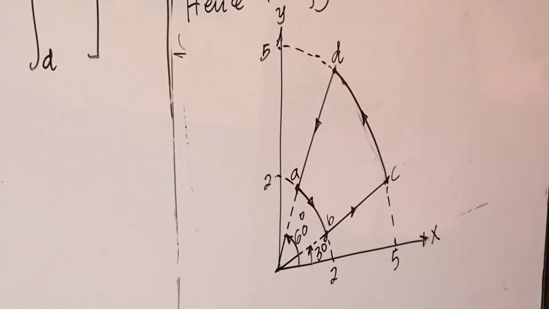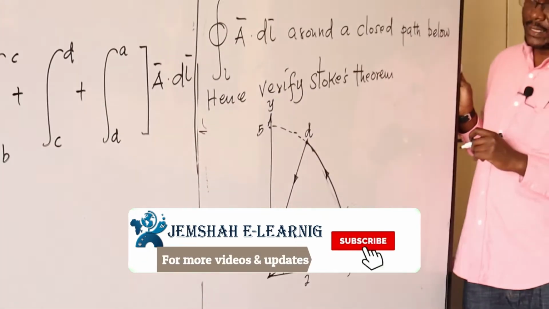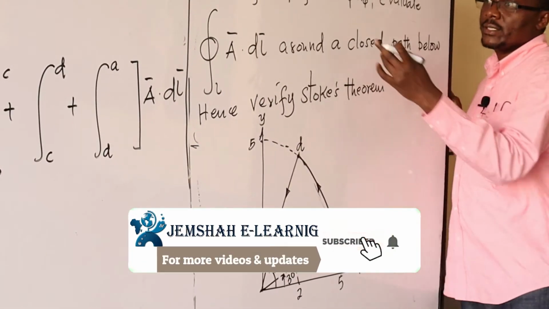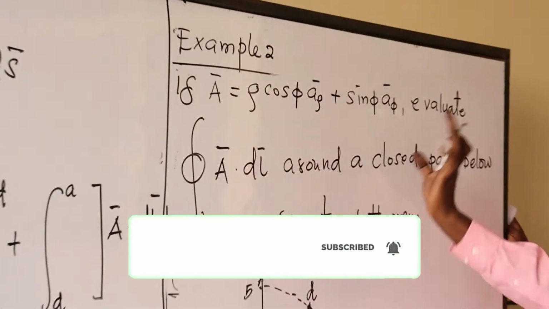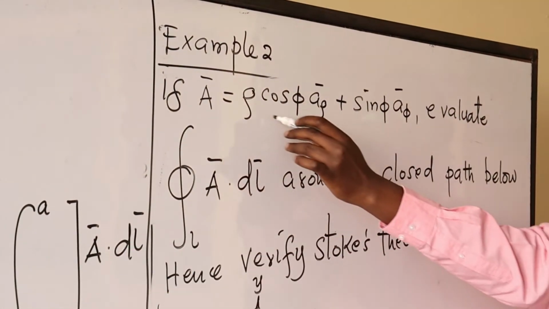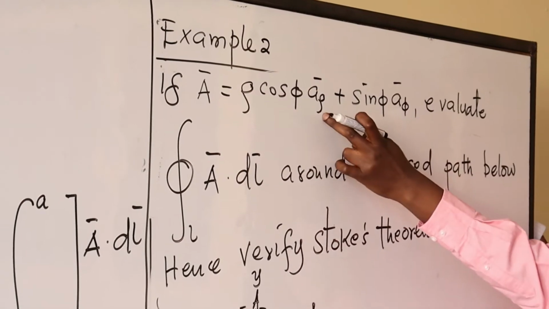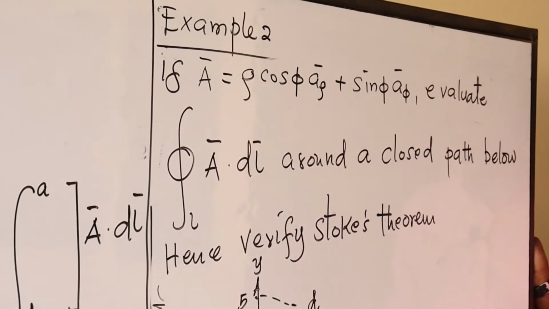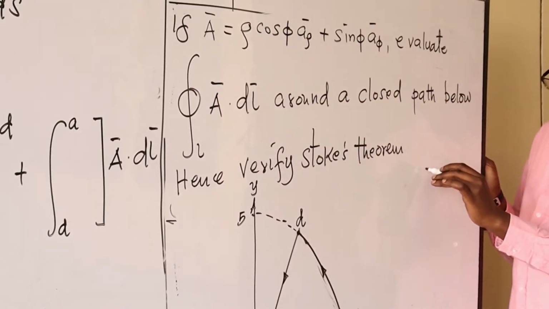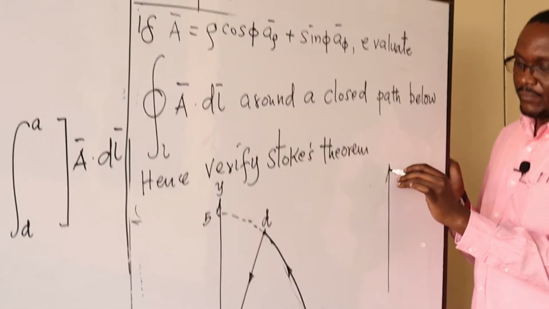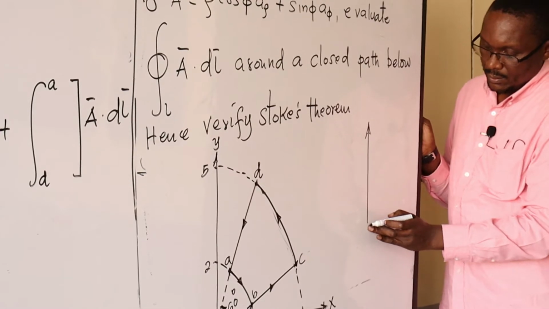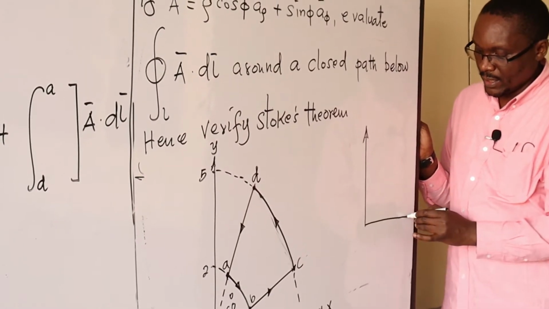Normally, if I was to draw that, first of all, we need to know the coordinate system. We can see we have rho and phi. So definitely, without even being told anything, this must be a cylindrical coordinate system because of the rho and phi elements. So if I was to draw my cylindrical coordinates, I want to give you a clear picture of this. I'm just having a small sketch.